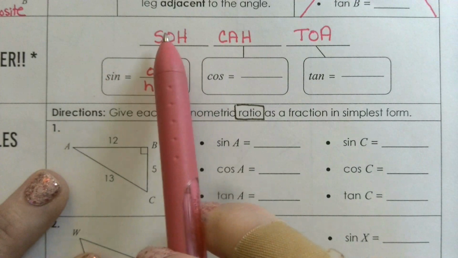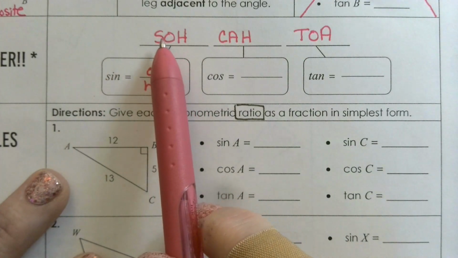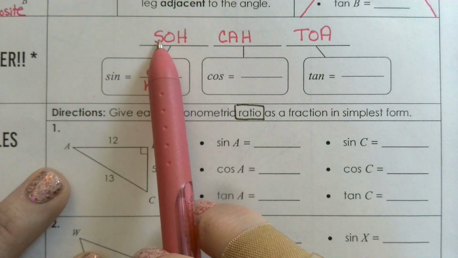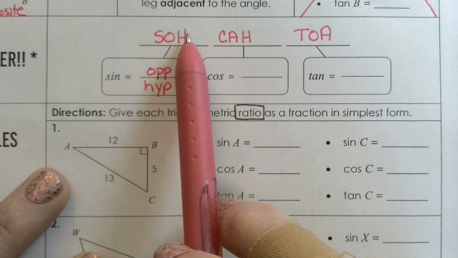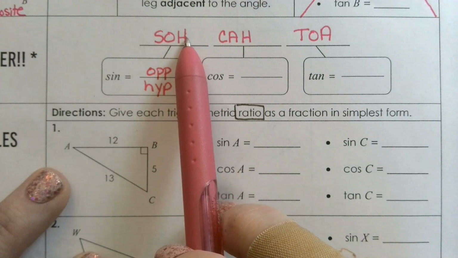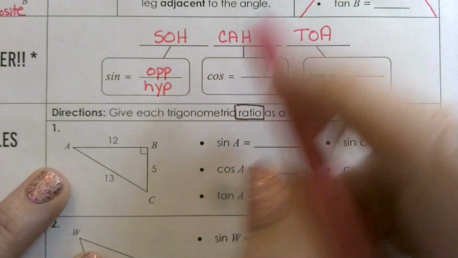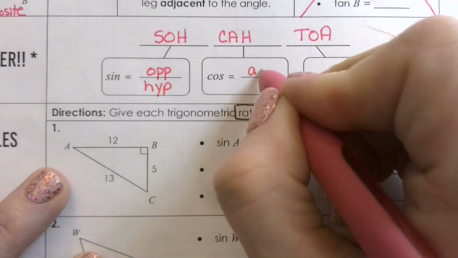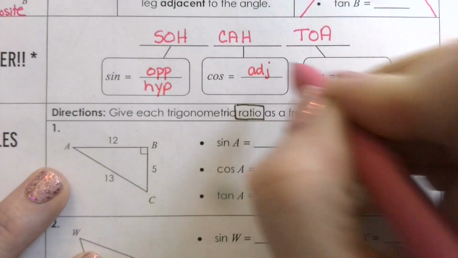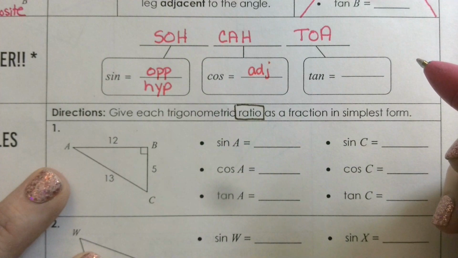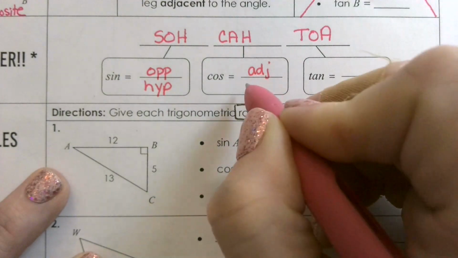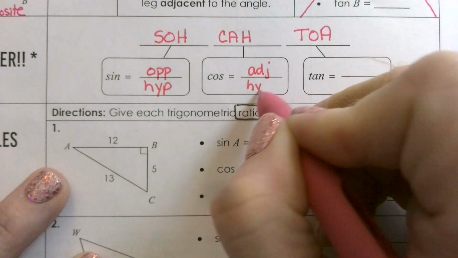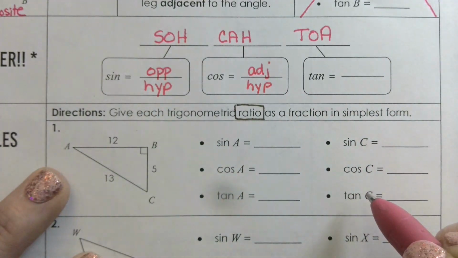So the sine rule means put the opposite number over the hypotenuse number. The cosine rule means put the adjacent, not to be confused with adjective, over the number that's representing the hypotenuse.